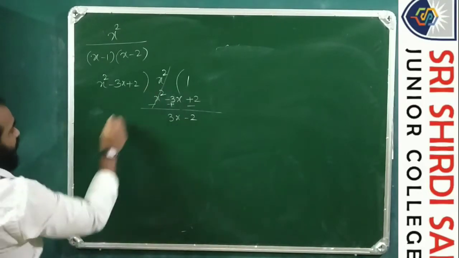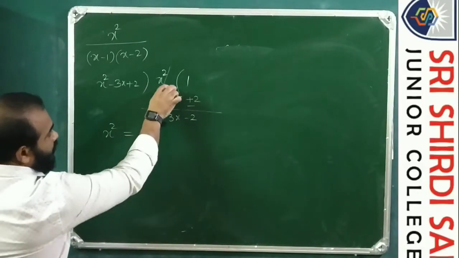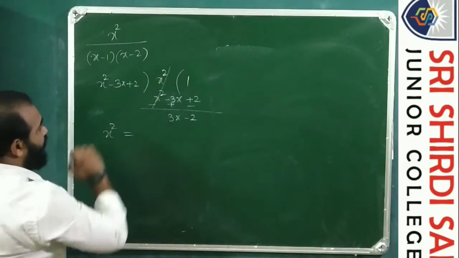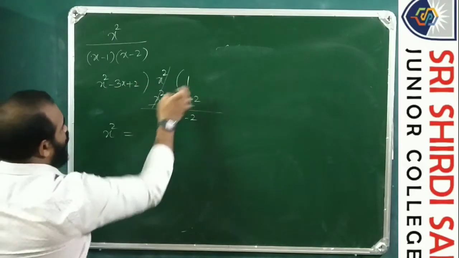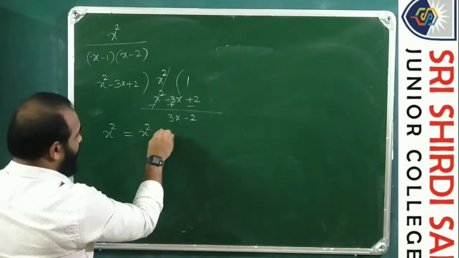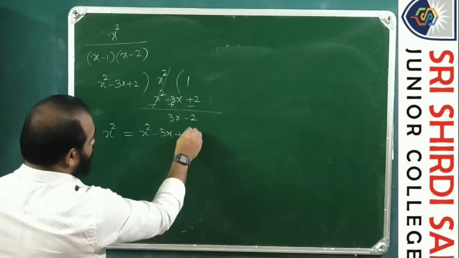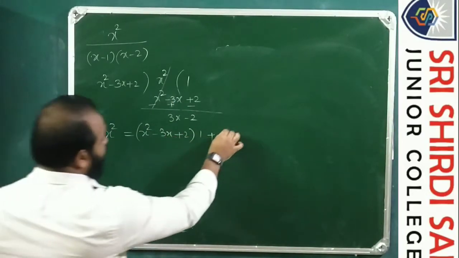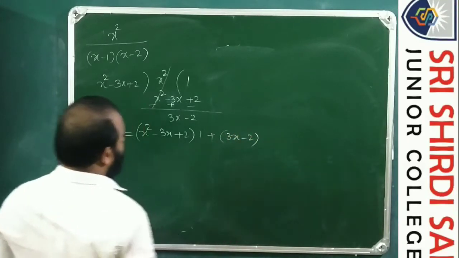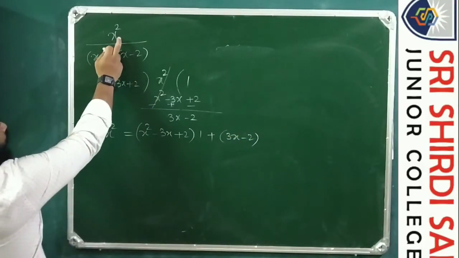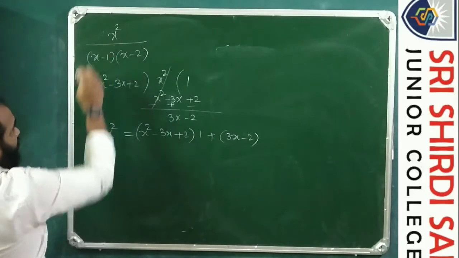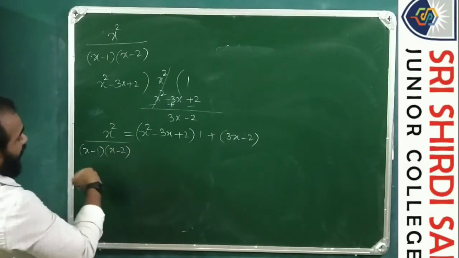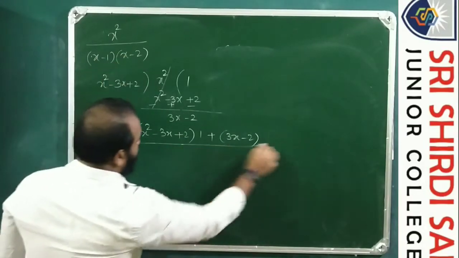Now, according to the division algorithm, x square is equal to g of x into q of x plus the remainder: x square minus 3x plus 2 into 1 plus 3x minus 2. So to get this, I will divide with x minus 1 into x minus 2 on both the sides.